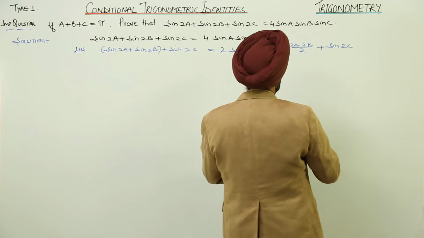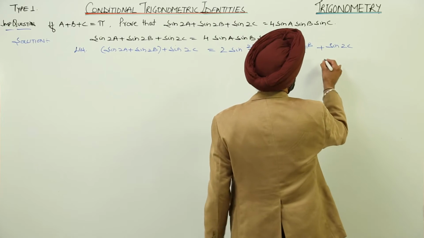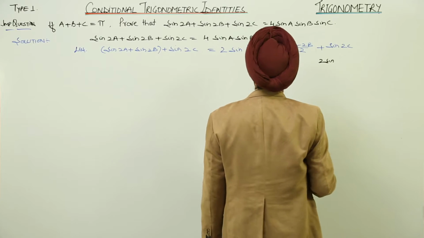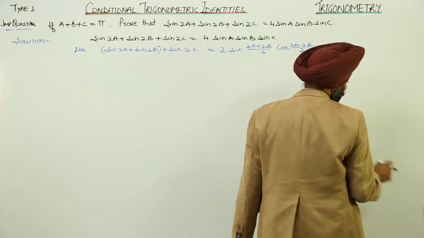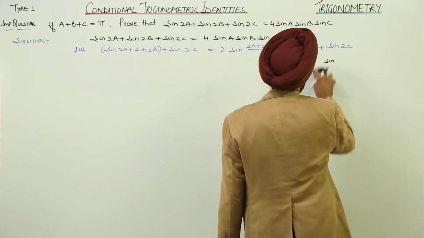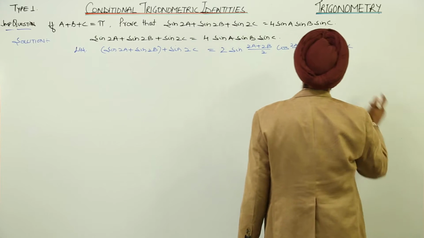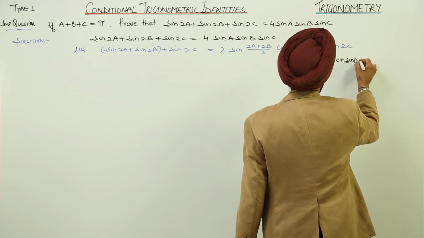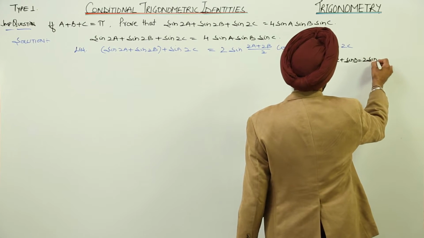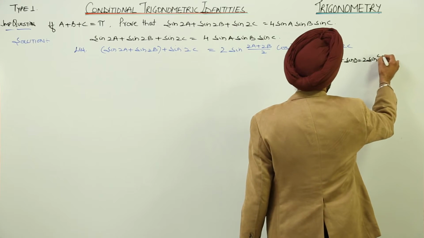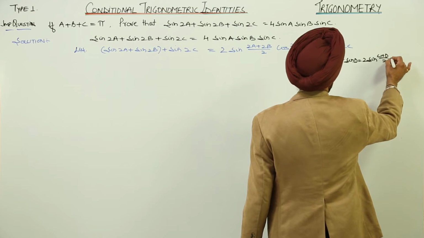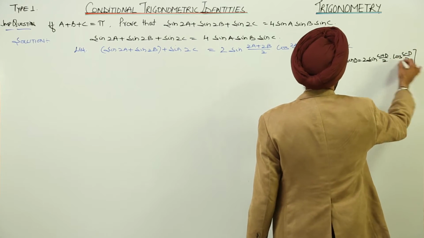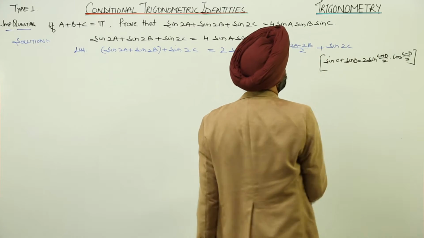We have used a formula: sin C plus sin D is equal to 2 sin (C plus D) upon 2, cos (C minus D) upon 2. Okay.